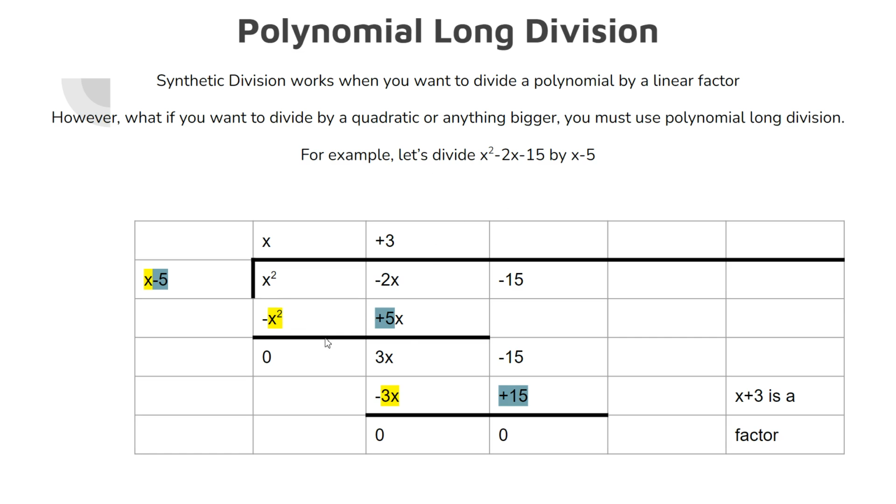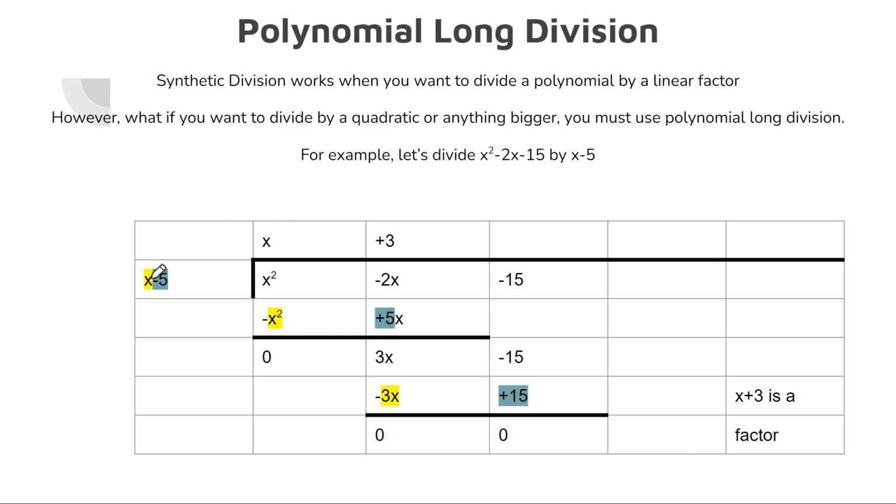This is very similar to long division, if you remember. So this is how you're going to do it. You're going to take this here. Make sure everything's in standard form, of course. And you're going to take this x squared and divide it by the first term here, which is x. x squared divided by x is x. Now, to get this stuff down here, you're going to multiply this x by each of these terms.